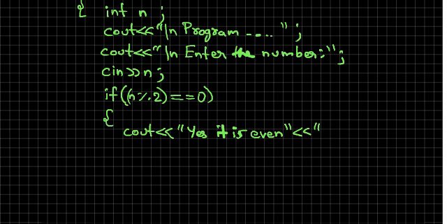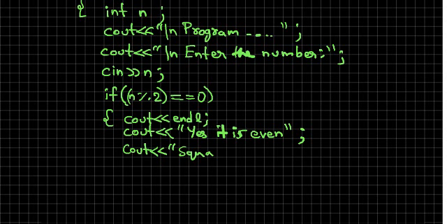"Yes, it is even" in the first line, and in the next line I'm putting cout with endl to go to the next line, and then cout "square". What should be the square? That is n star n, right? Here the square will be calculated and printed.